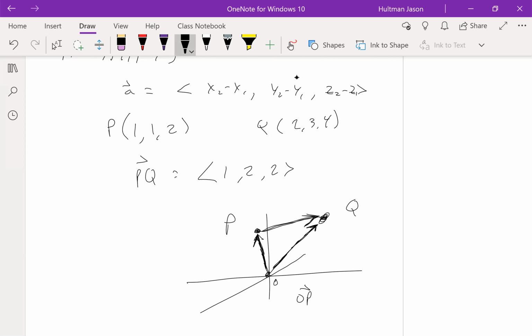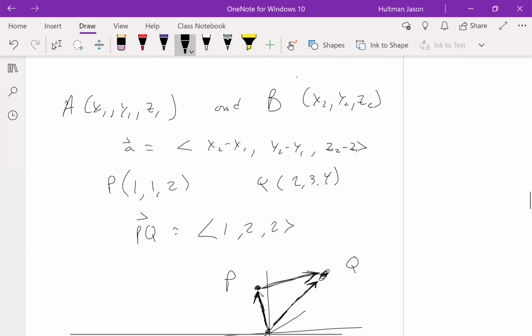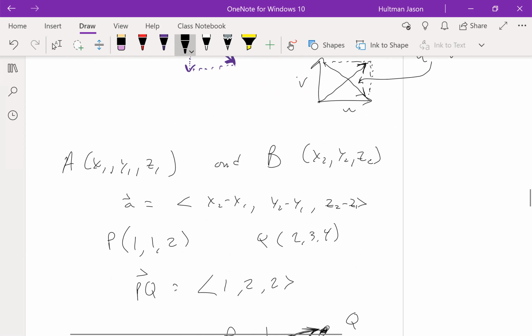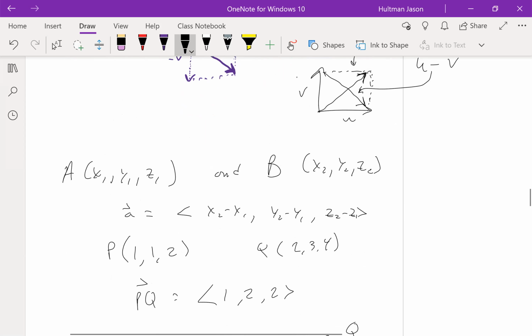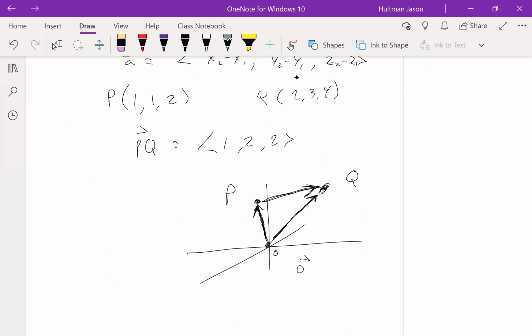Take those two vectors. What are we going to do? We're going to subtract them, right? So vector OQ minus OP gives me vector PQ.